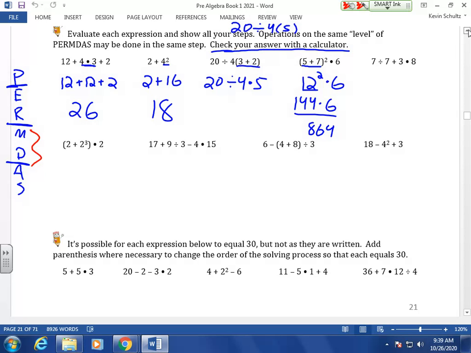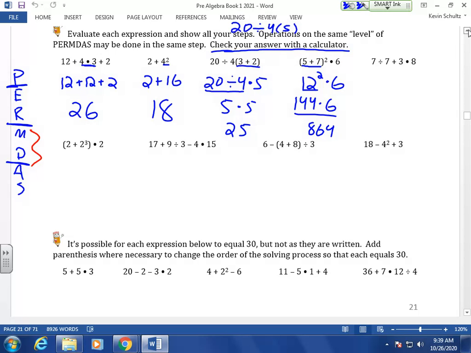When they're on the same level, we work from left to right. Okay? So we would divide 20 and 4 first to get 5, and then multiply that 5 by the 5 we got from the 3 plus 2, and that would give us 25.